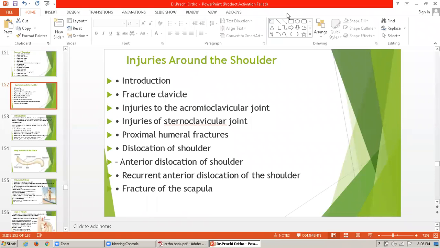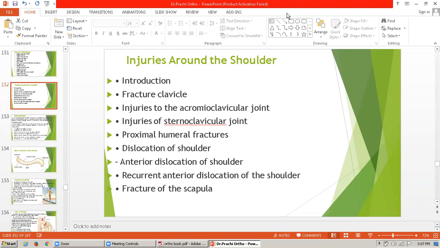So, injuries around the shoulder. We all know the shoulder is a very important joint of a human being. Firstly, there is an introduction, then fracture of the clavicle, injuries to the acromioclavicular joint, injuries of the sternoclavicular joint, then proximal humeral fracture, dislocation of the shoulder.